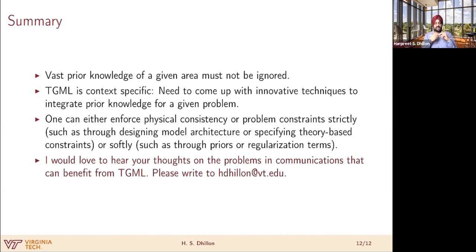Now, theory-guided machine learning is highly context specific. This will be clear from the case study today, right? It really depends on the type of knowledge, in what way it is represented, how to then use that best in the machine learning model.